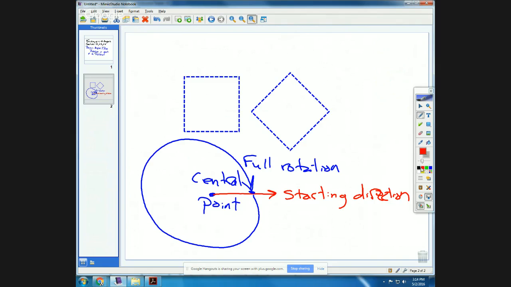And I could do something like just turn and look the other direction. So this red rotation here would be a half of the rotation.